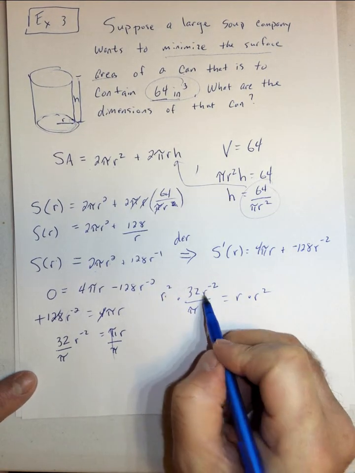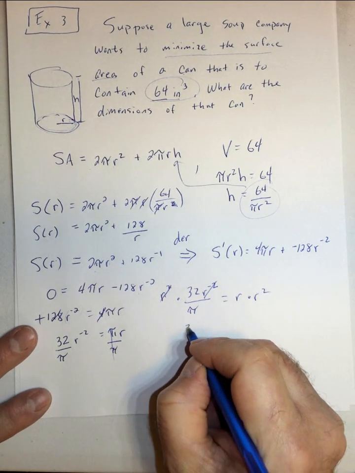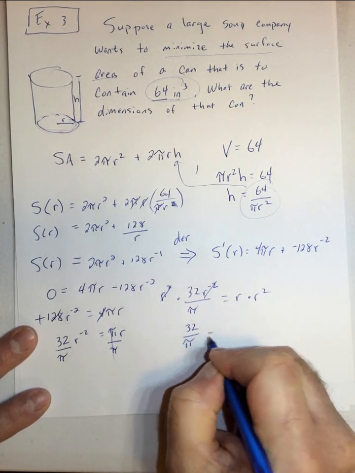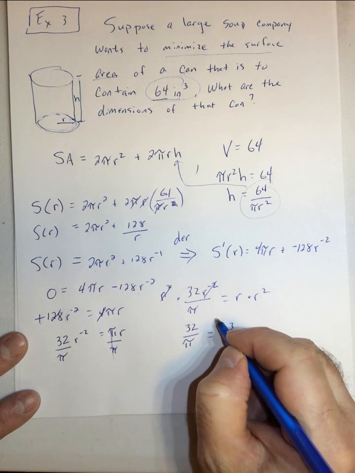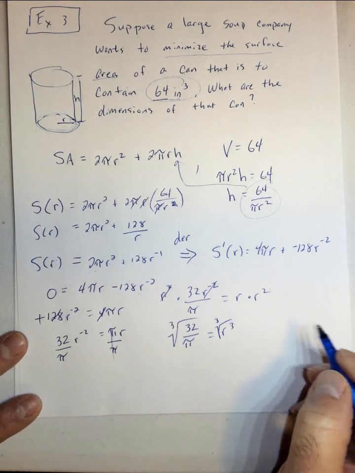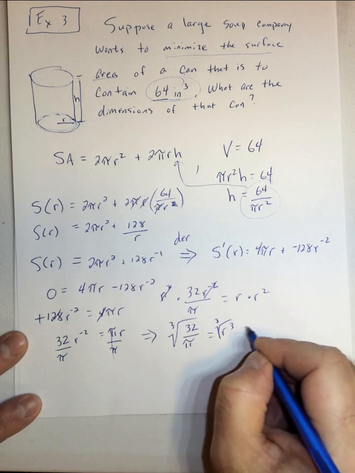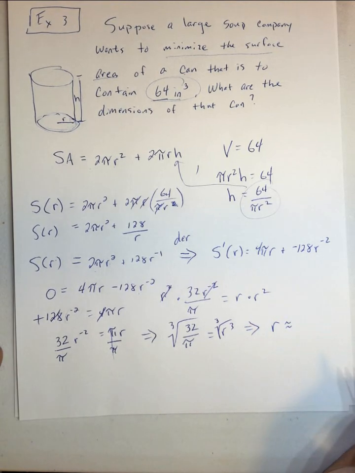Because this times this is just r to the 0, which we know is 1. So I have r cubed equals 32 over pi, in which case I'm going to cube root both sides, which means that r is approximately, the old trusty calculator out here, the cube root of 32 over pi.